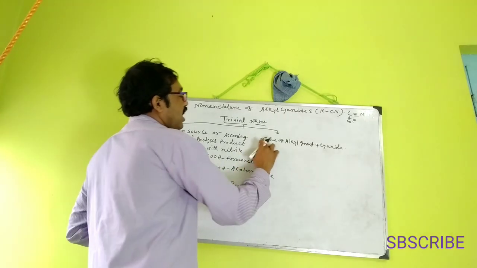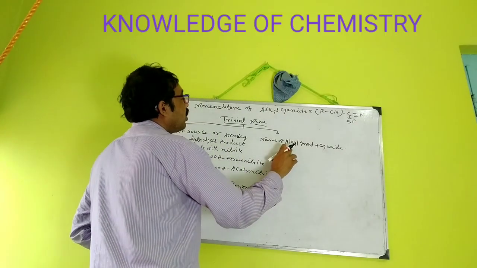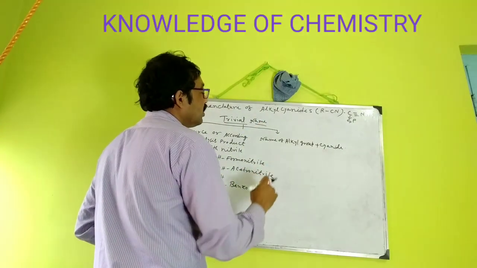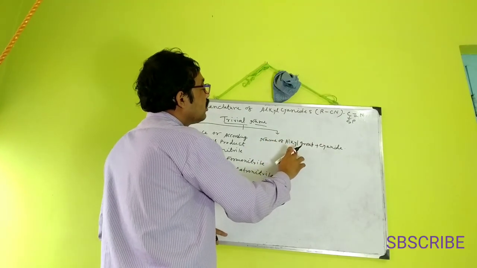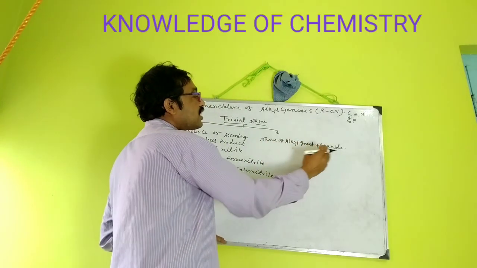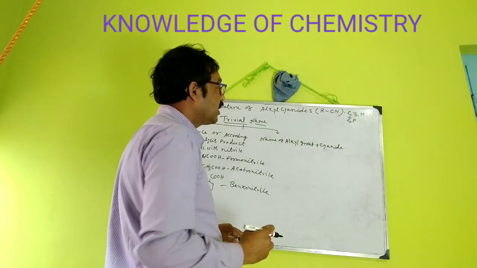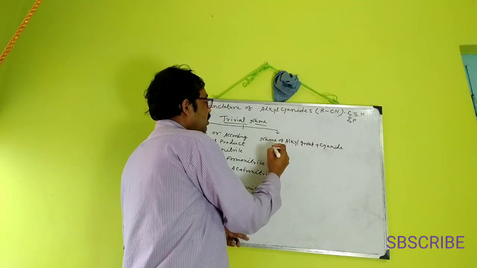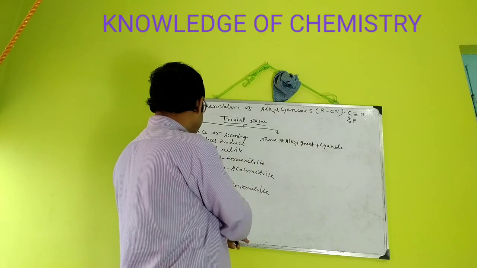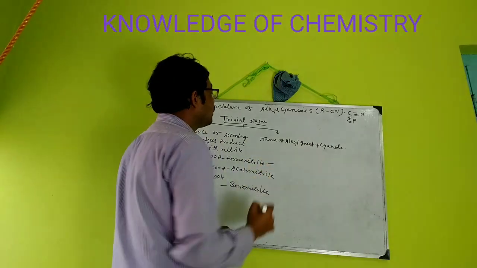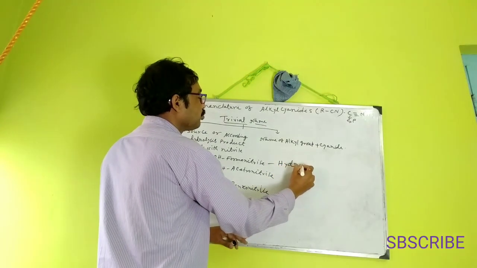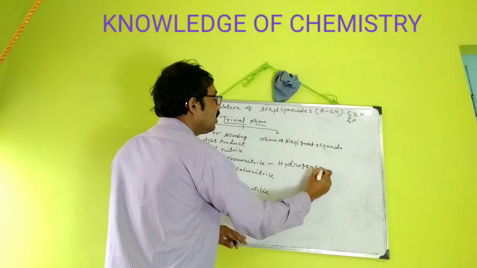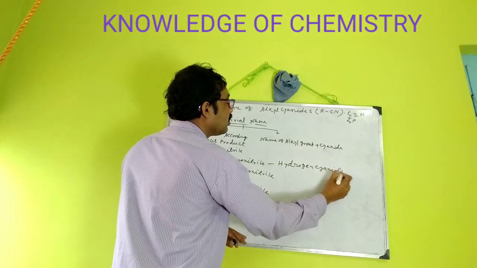And the other type of naming in the trivial system is that the name of the alkyl group comes first, then cyanide is added as a suffix. As for example, HCN is named as hydrogen cyanide.